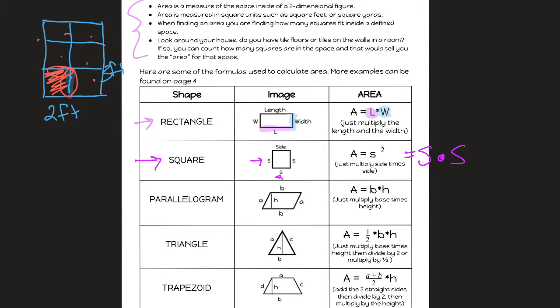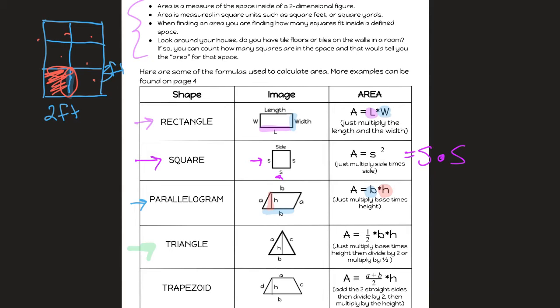A parallelogram, even though it looks different, its area is also the base times the height, just like a rectangle. So here's your base, and here's your height. It's on the inside. Okay? In a triangle, the area is 1/2 of the base times the height.